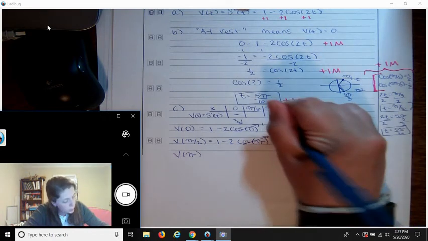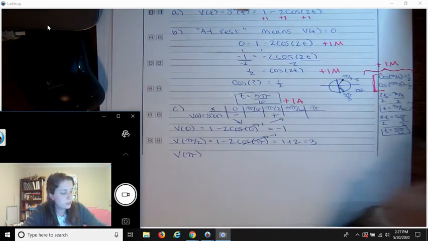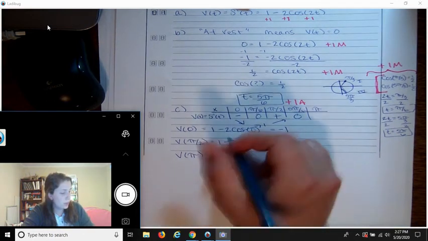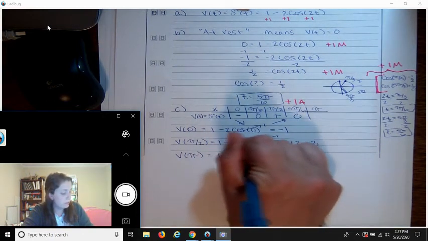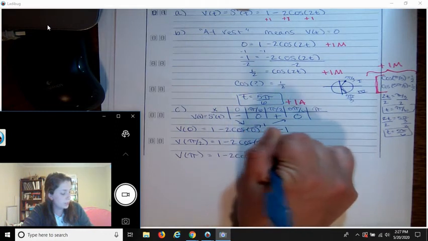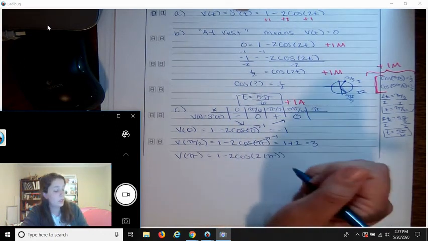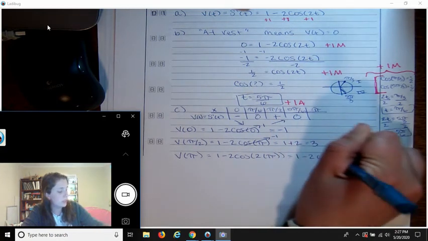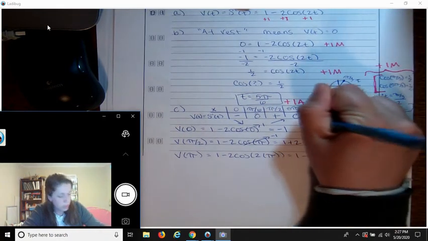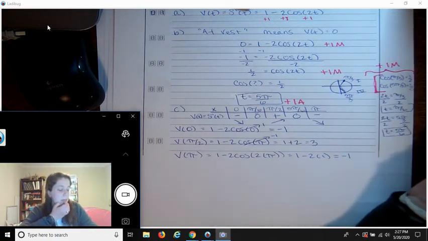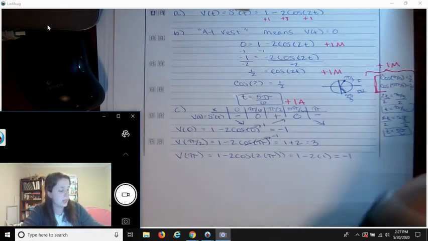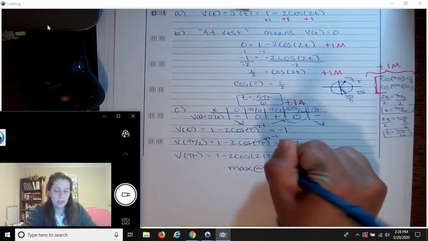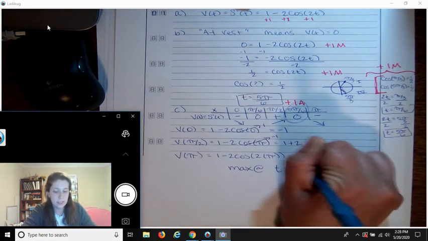So we're going up here. We know both of these are 0. And then at pi, 1 minus 2 cosine of 2 pi. Cosine of 2 pi is 1, so I have 1 minus 2 times 1, which is negative 1, which is negative, so it's going to go back down. So this means our maximum has to occur right here. So we have a max at t equals 5 pi over 6.